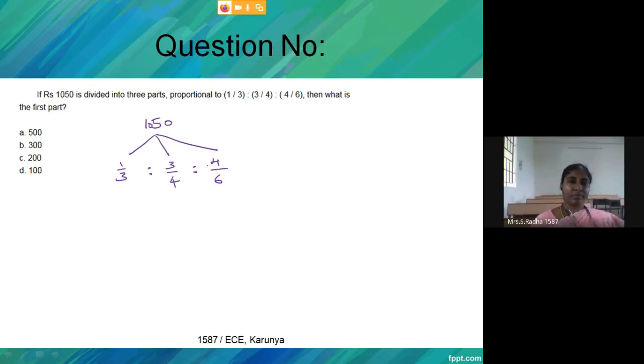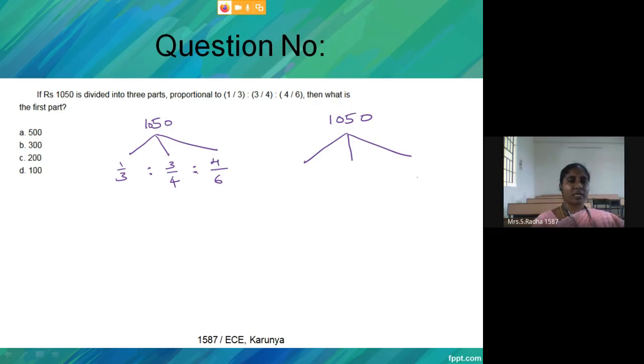The same logic we will follow: wherever ratios are in fractions, you convert them into full numbers. So I have to get the ratios in full integer form.